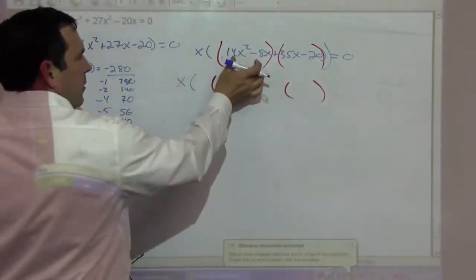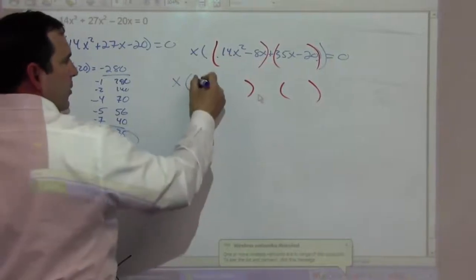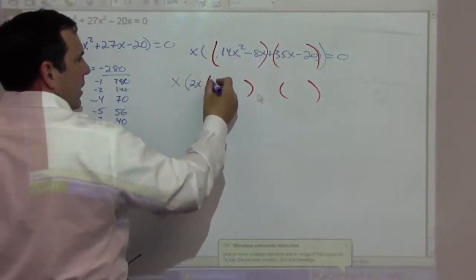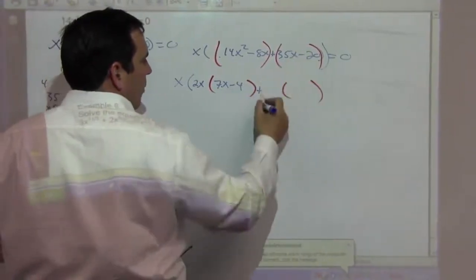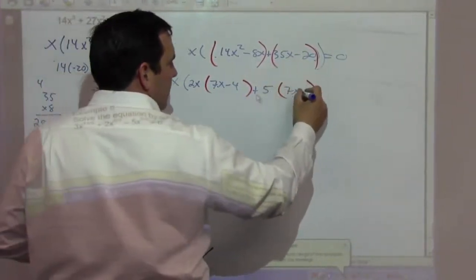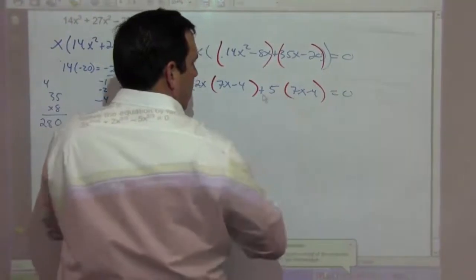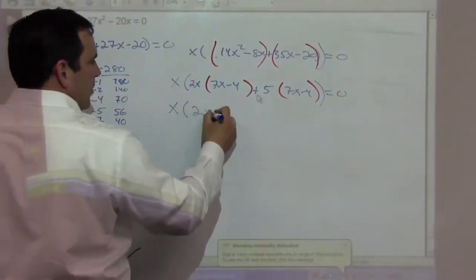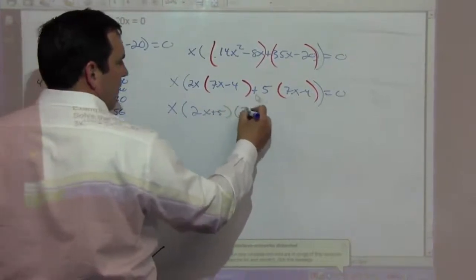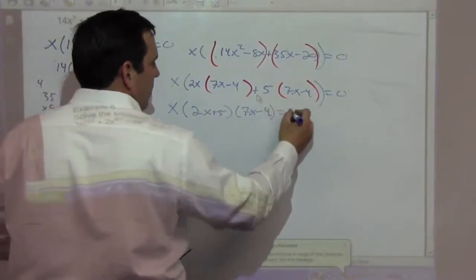What can we factor out of 14x squared minus 8x? I think we can do a 2x. And we have 7x minus 4. Out of here we can pull a 5 and we'd have 7x minus 4. So we have x times 2x plus 5 times 7x minus 4 equals 0.